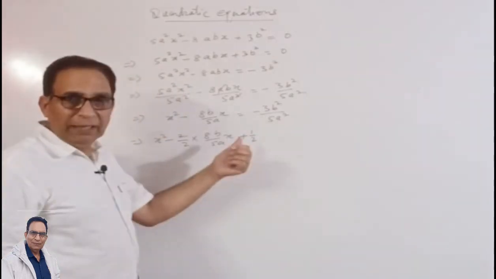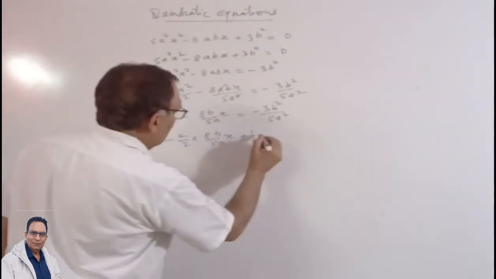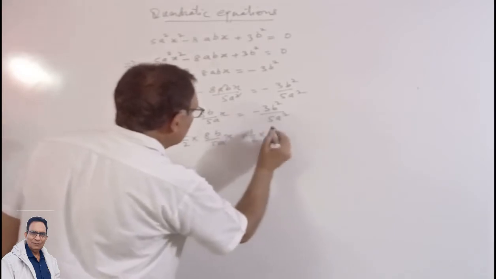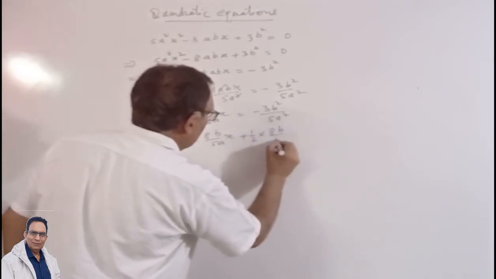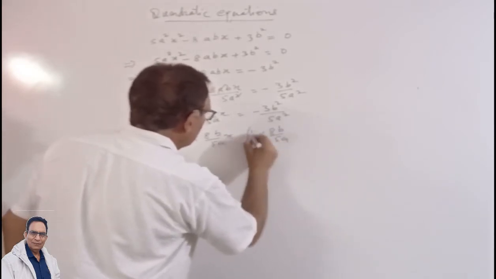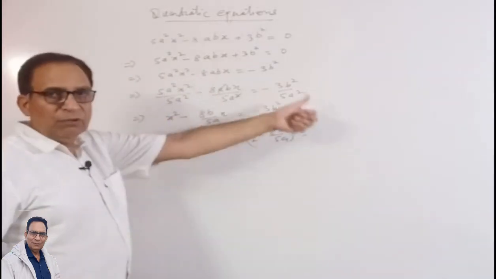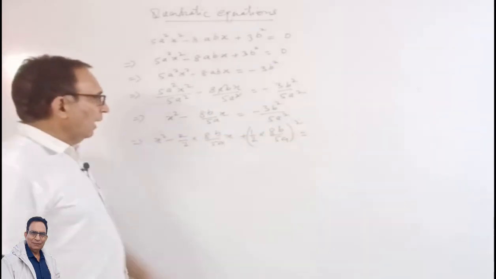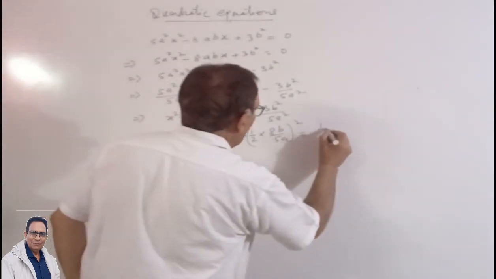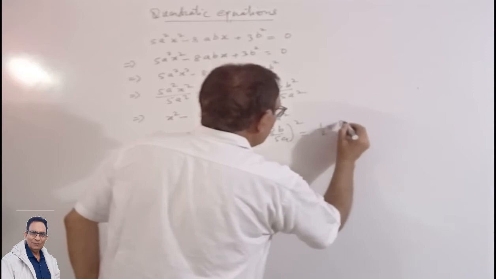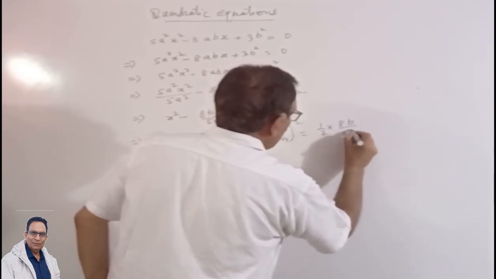I told you we have to multiply it by half into the coefficient of x, that is 8b over 5a square. Whatsoever you are writing this side, the same thing you have to write to the right side also. Means I write here 1 over 2 into 8b over 5a.